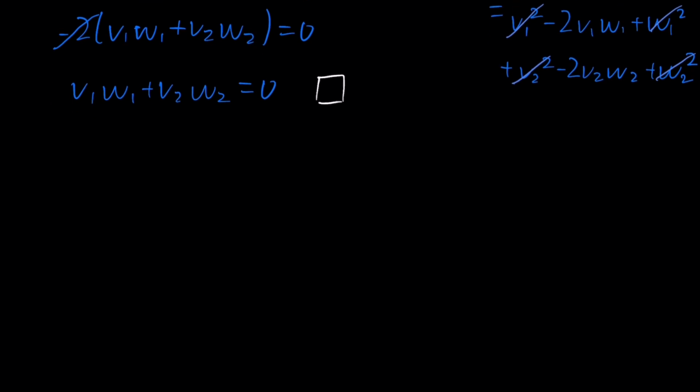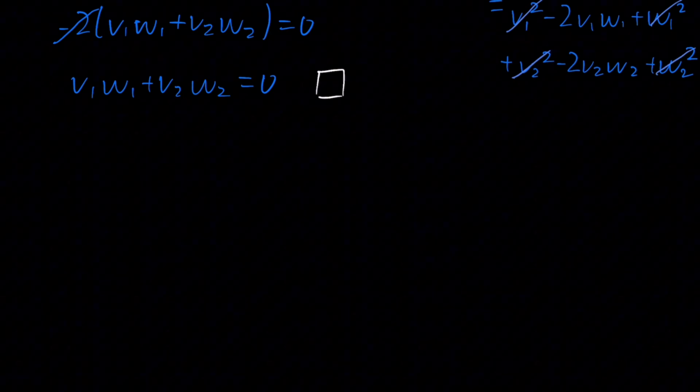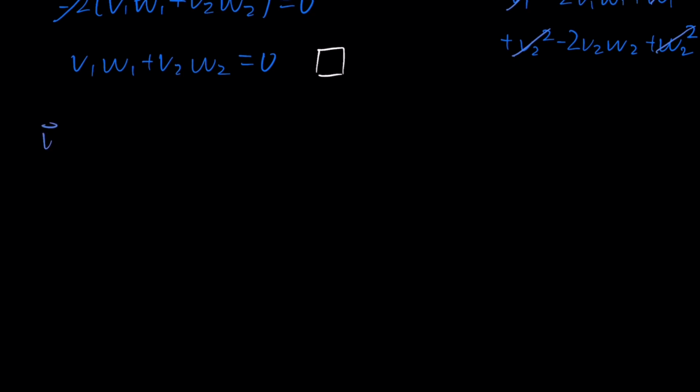Now, there's also a very important property we have to get from the sign of a dot product. Suppose that V dot W is not 0. So we know that it's not perpendicular. So it may be positive and it may be negative.